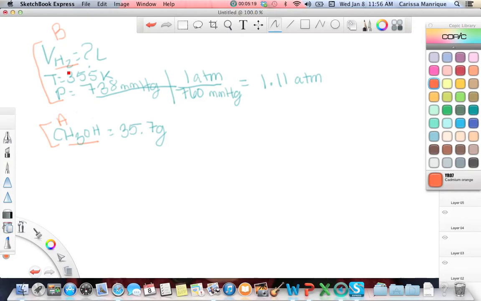So my A is methanol. My B is hydrogen. How did I know that? Because whatever I'm trying to find is B.